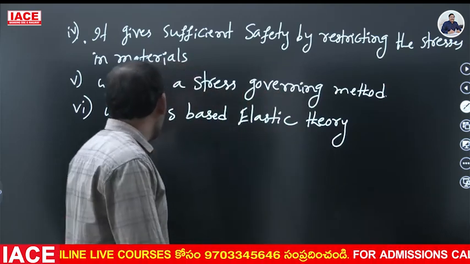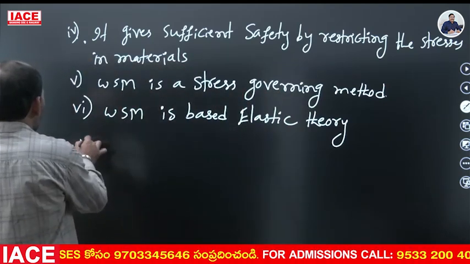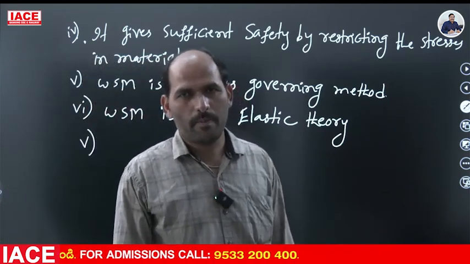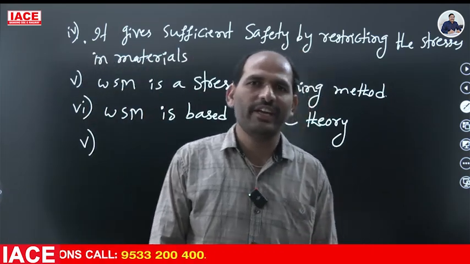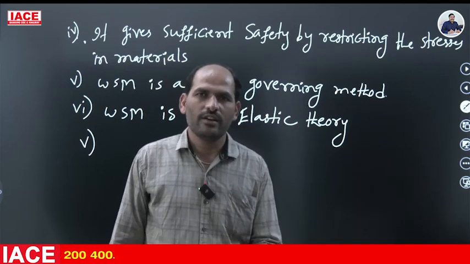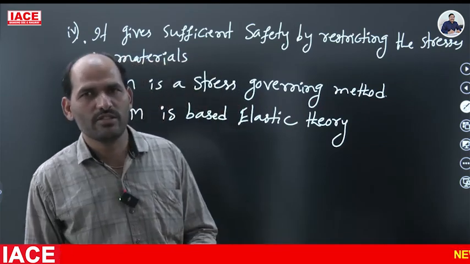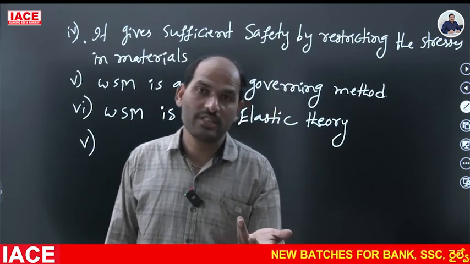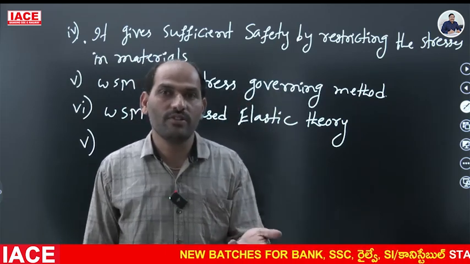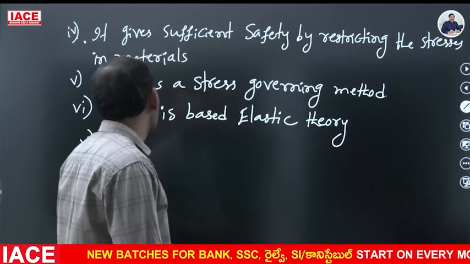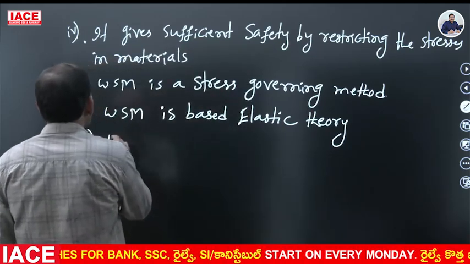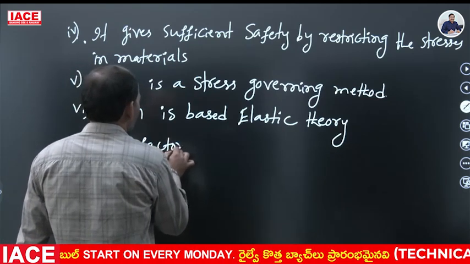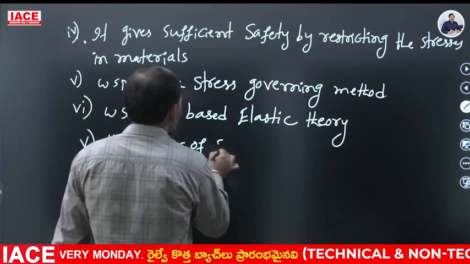And the very important point in this working stress method is factor of safety. The factor of safety for steel and concrete in the working stress method: for steel is 1.78 and for concrete is 3.